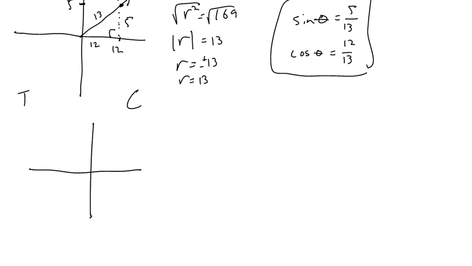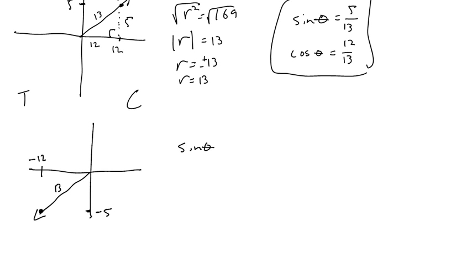Okay, our second possibility is down here in the third quadrant. We'll still have tan as positive, and that means this is going to be at negative 12. That's going to be at negative 5, and this is still going to be 13 long.